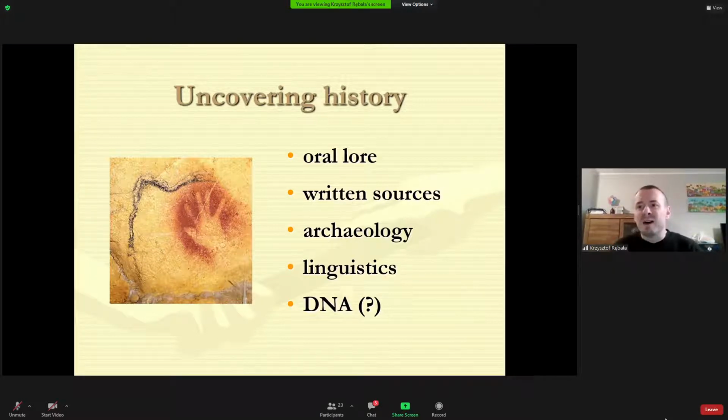We can dig and find some artifacts, some bones, and also reconstruct some historical events. And some facts about the history of different human groups, especially contacts between them, are uncovered thanks to linguistic studies.